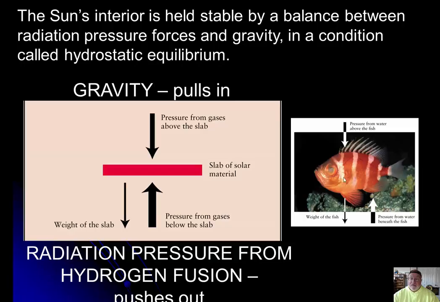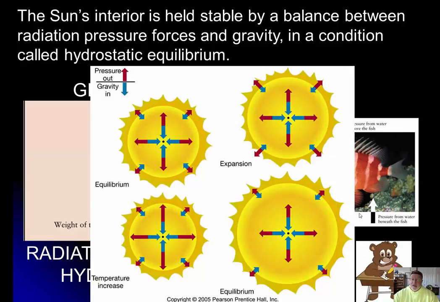It's the same sort of thing as this fish deep down in the water: it's got tons and tons of water pushing down on it, but it also has tons and tons of water pushing up, and then we just have the weight of the fish, which is very small compared to the weight of all the rest of this. So I would like you to draw this, and all you have to do is draw a circle and make 2 arrows. If you can make them offset a little bit and the same size, this is what's called equilibrium.